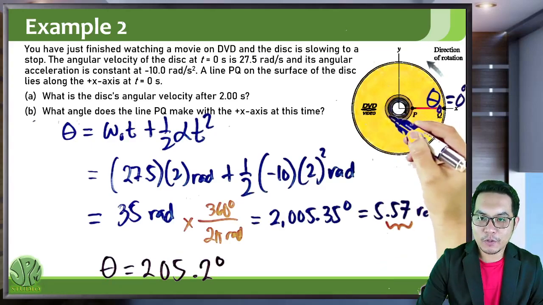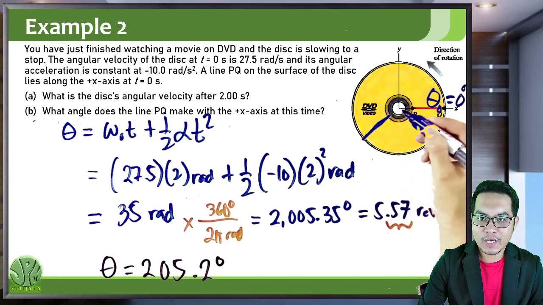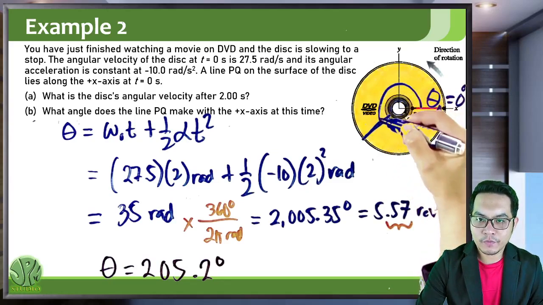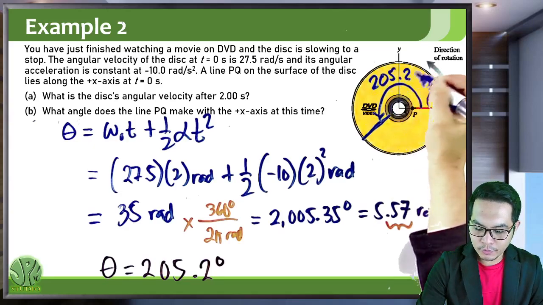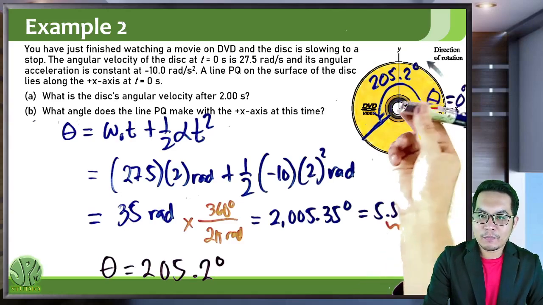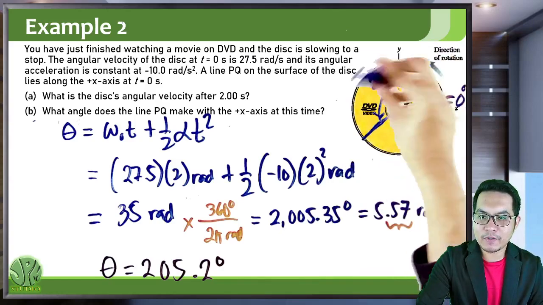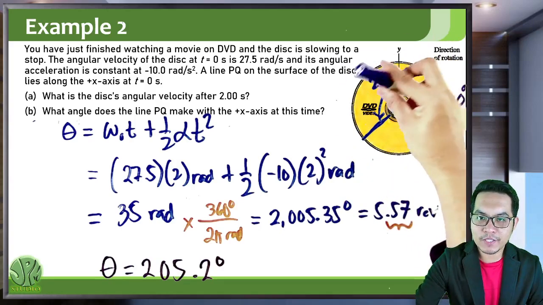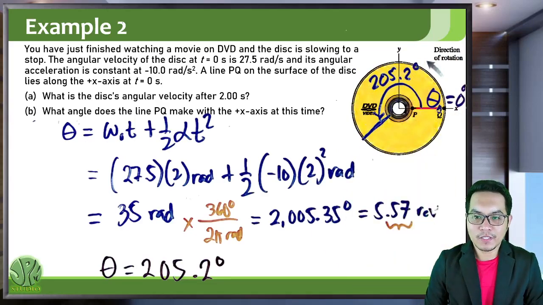So most likely your line PQ will now be somewhere here, with an angle of 205.2 degrees. So that's the angle that the line PQ makes with the positive x-axis at this time. Originally from this position, it will undergo 5 revolutions, and then 0.57 revolutions. So this is the angle that we want, the 0.57 revolutions. Okay.